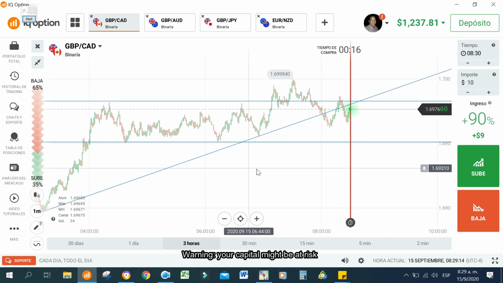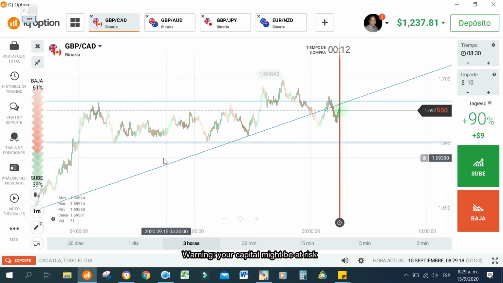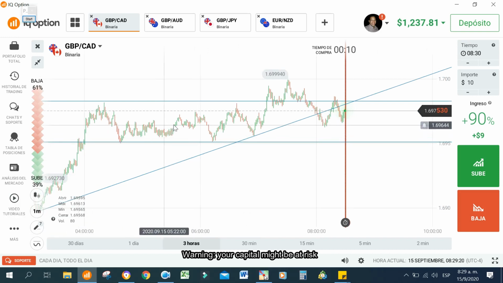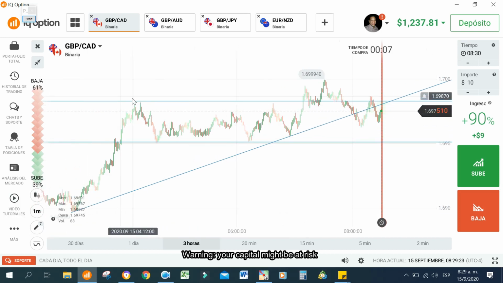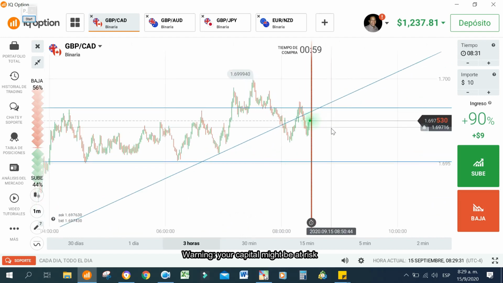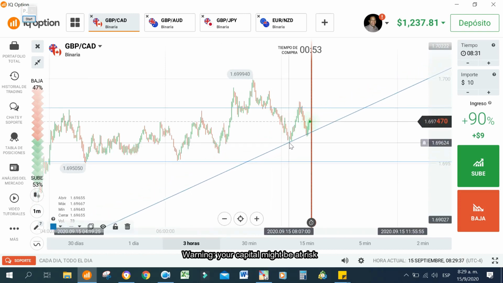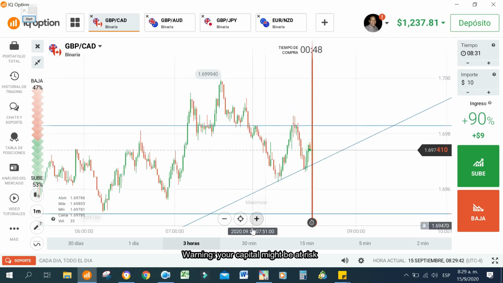So guys, let's start. Over here I have this 1 minute chart. As you can see here, I already placed my resistance and support level, and also I have a trend line. Okay, this is a trend line that I can move a little bit down because of this low.